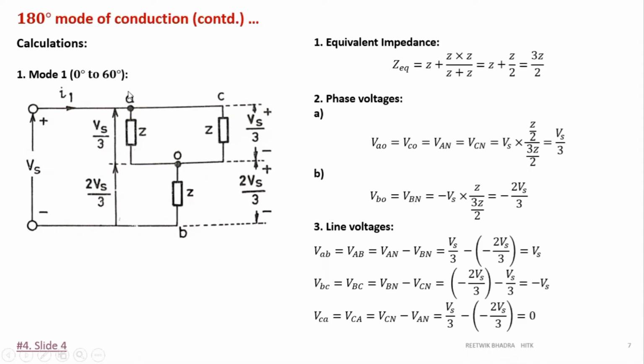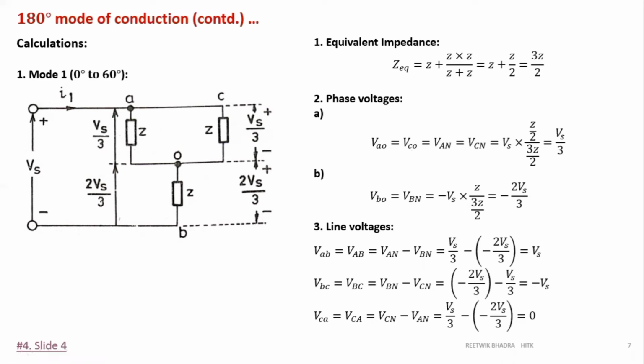You can see VAO and VCO, the impedance connected between AO and CO, this Z and Z are in parallel. So in parallel we know the voltage is the same. So I can write VAO is equal to VCO.